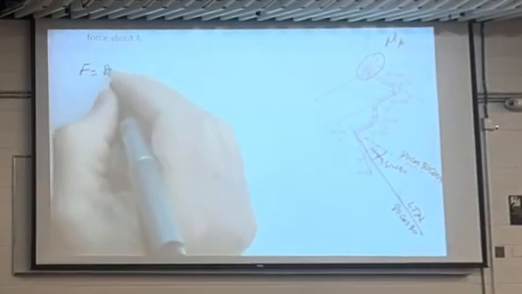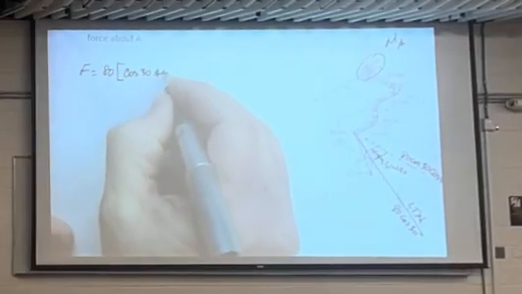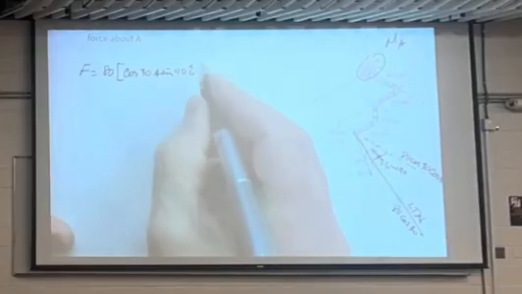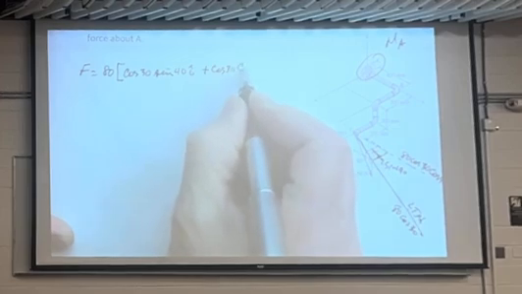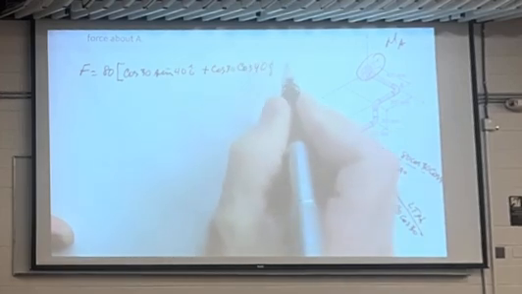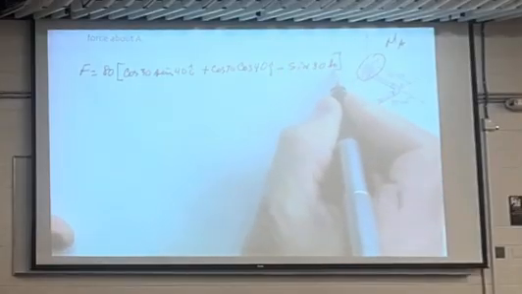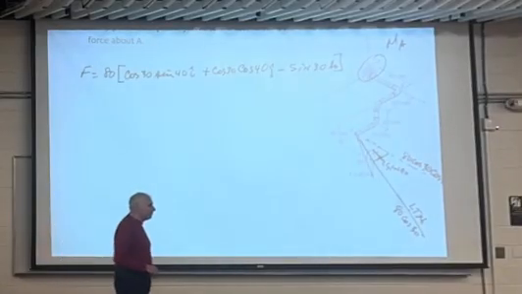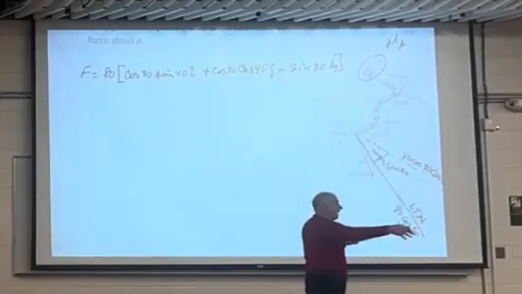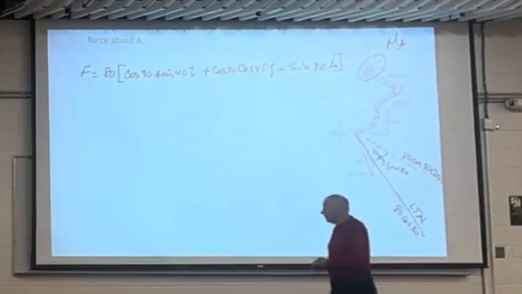So my F is 80 times cosine 30 sine 40 i plus cosine 30 cosine 40 j, and then minus sine 30 k. Remember, we double project only twice, not 3 times. It could be i and j, it could be i and k, it could be j and k, depending on how the force is set up.